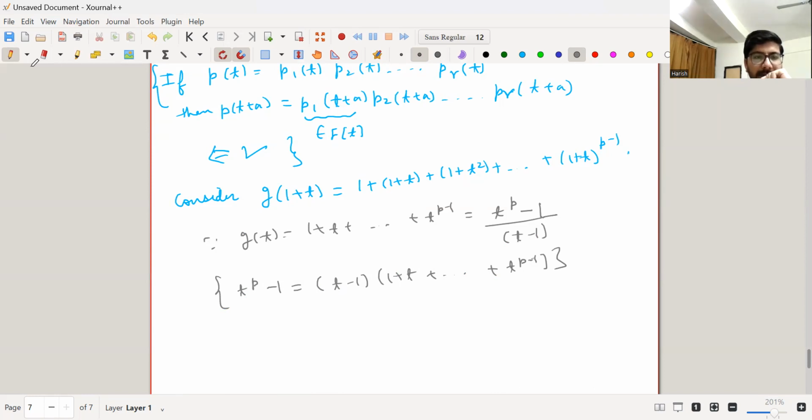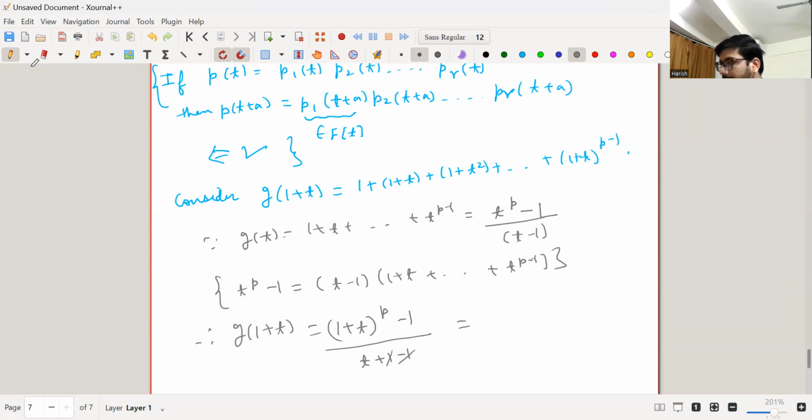So g of 1 plus t becomes, you just replace with 1 plus t here, so this will be ((1 + t)^p - 1) divided by ((1 + t) - 1), where the 1 and minus 1 cancel out, so you divide by t only.